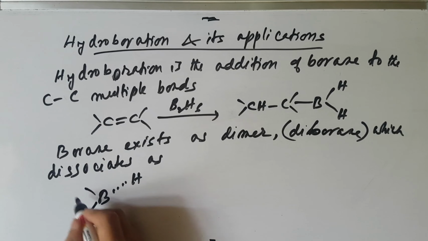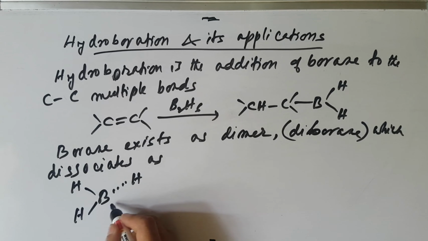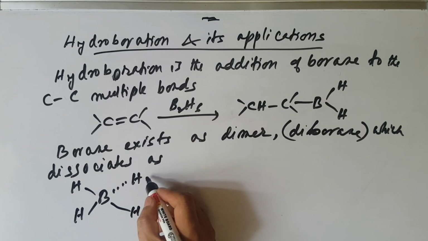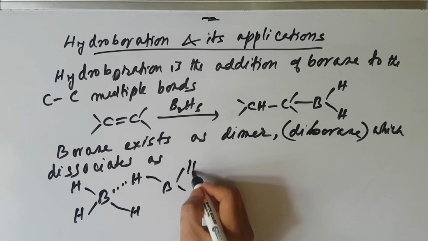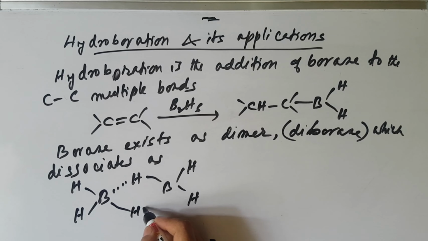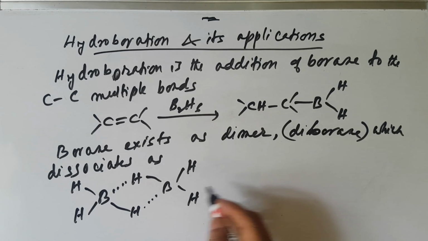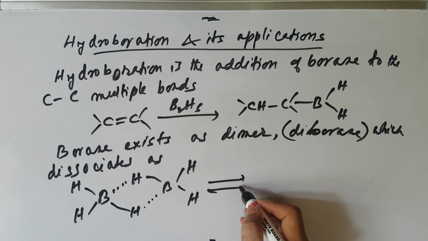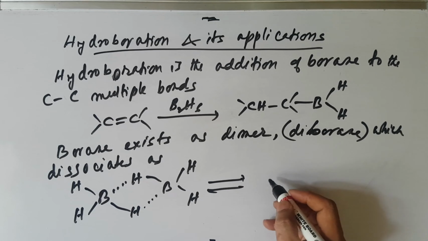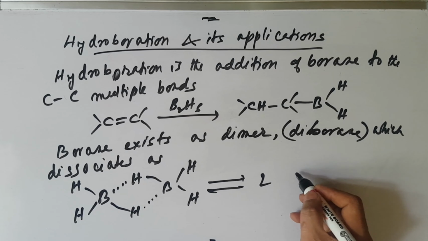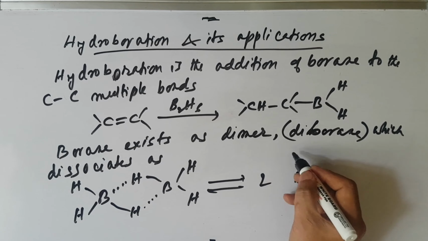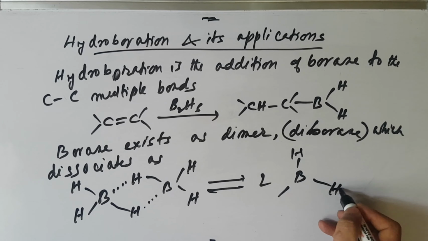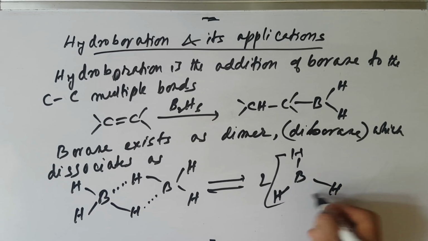This is diborane. So this can dissociate in this way, to keep hydrogen over here. Okay, so you can have two of these, like this.